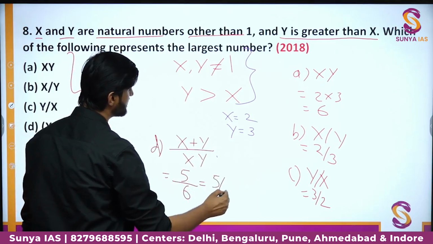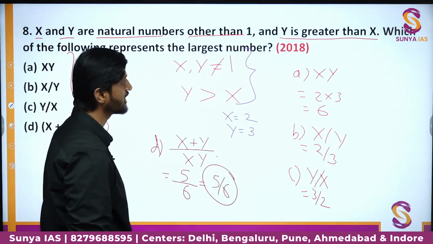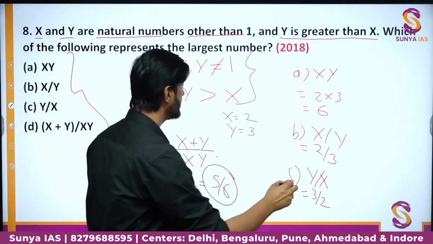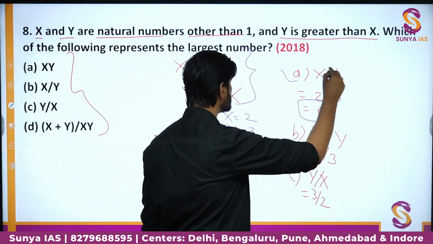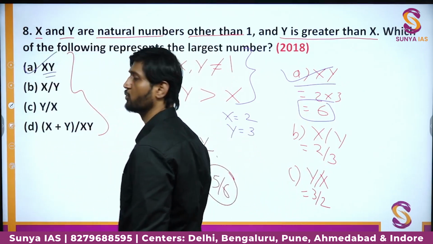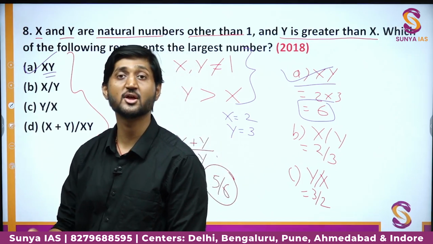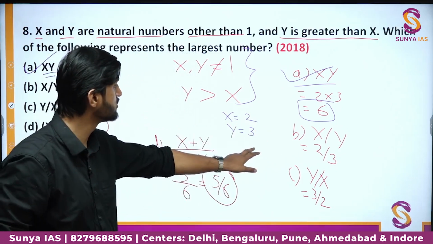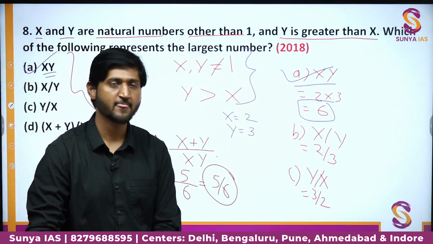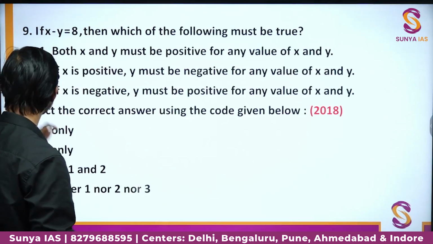This fraction will again be 5 by 6. So, it is not the largest. You can easily guess the largest value among all is coming out to be 6, and so option number A would be the correct option in this particular case. So, here you can see just trying different values can help you lead to the final and correct answer, right. Now, we will see some more questions based on the same principle.